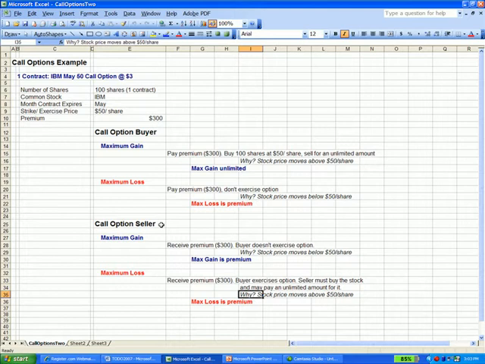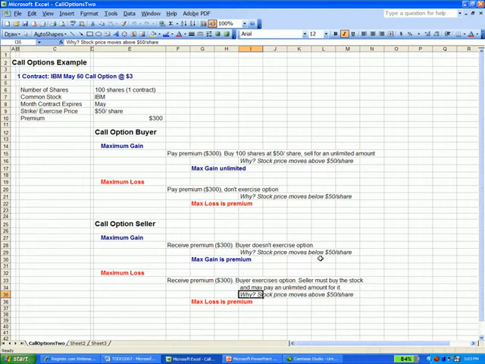Let's think about the seller side, the person who sold that option. I'm going to make an assumption that they don't own any IBM stock. So the seller receives the premium. The buyer paid a premium; the seller received the premium of $300. And the buyer controls the transaction. In this case, the buyer doesn't exercise the option. Why?